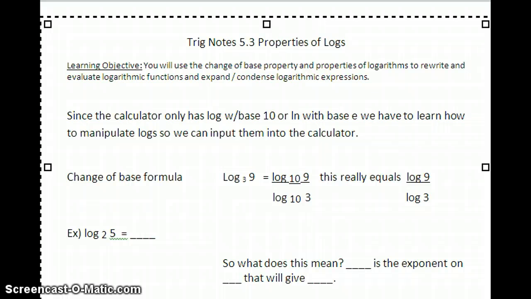So the first thing I want to talk to you about, which we talked about a little bit in the last lesson, is using your calculator to help you find logs. The calculator is set up with base of 10. So the only things that you really can put into the calculator is log of, like, 5, for example, because it has that imaginary base of 10.